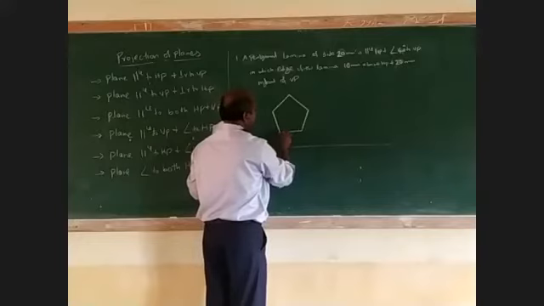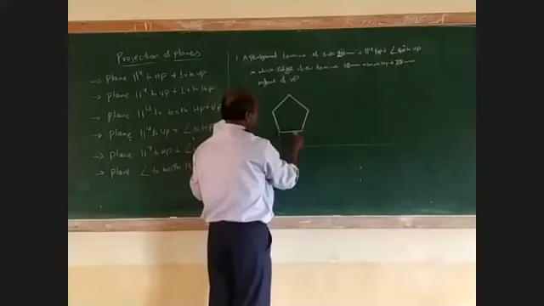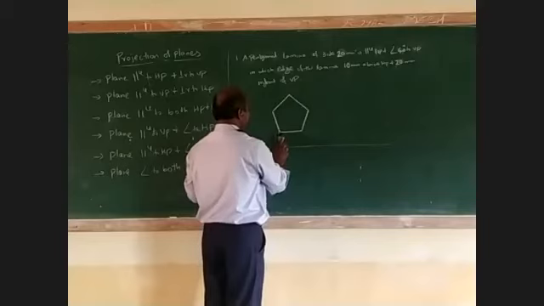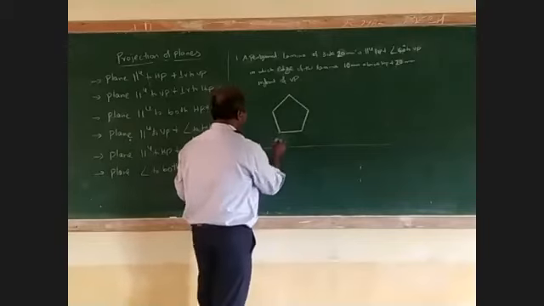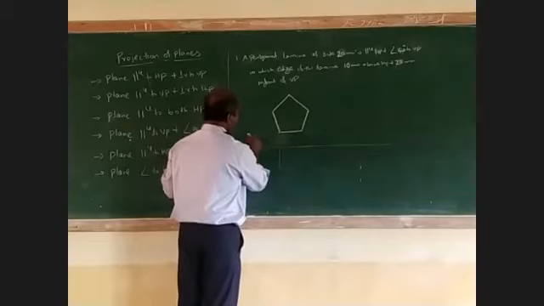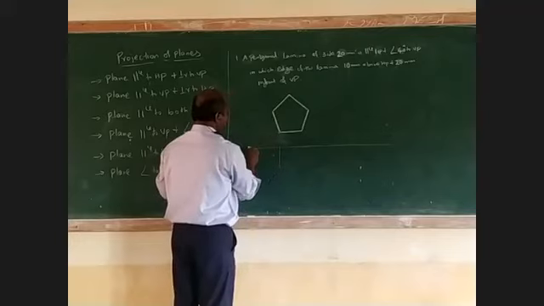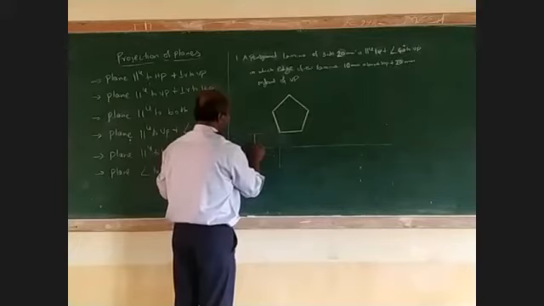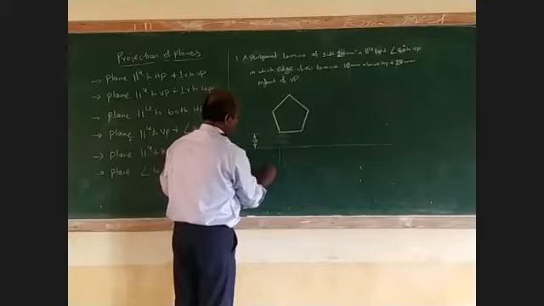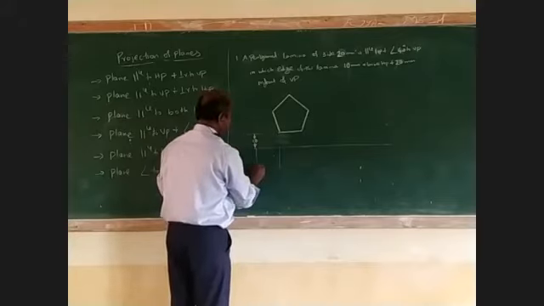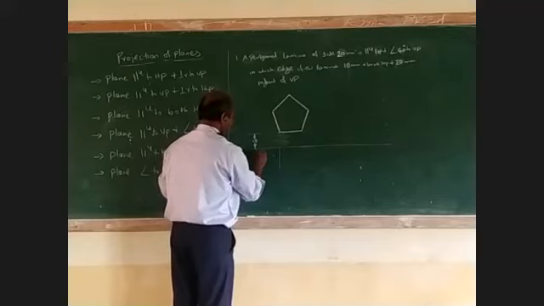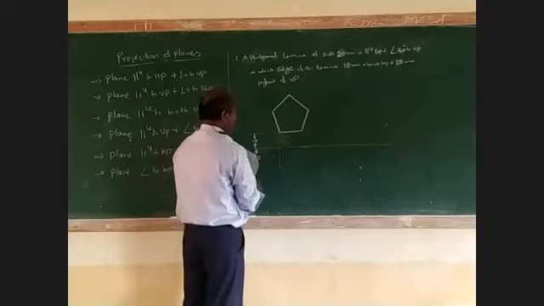This is a pentagonal lamina, which is 10 mm above HP. The line you have to take is 10 mm above HP and 20 mm in front of HP.